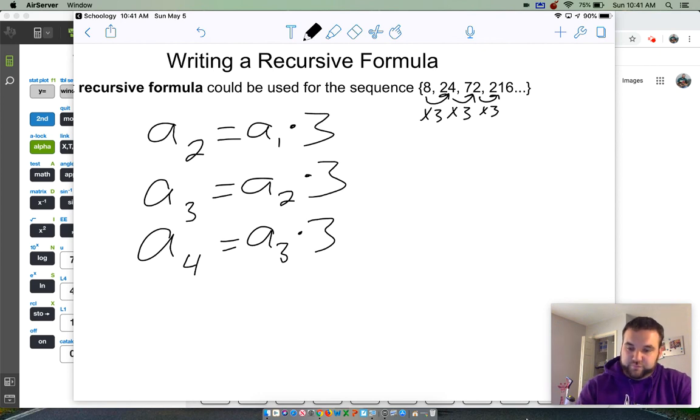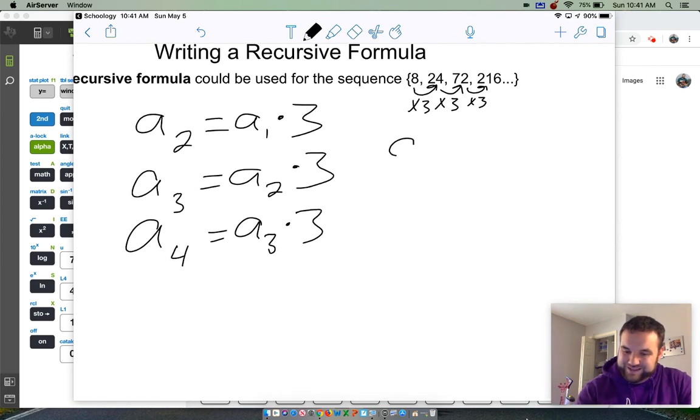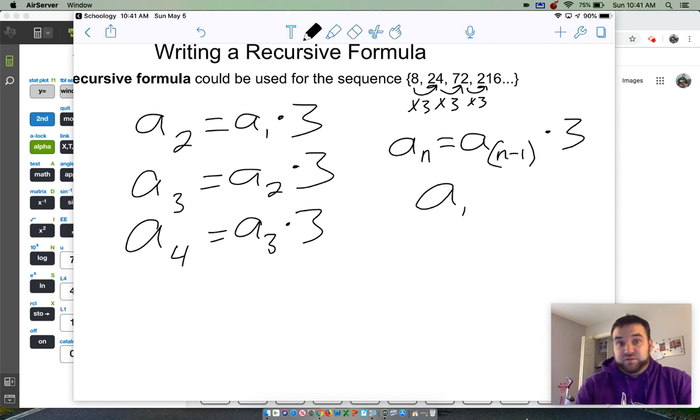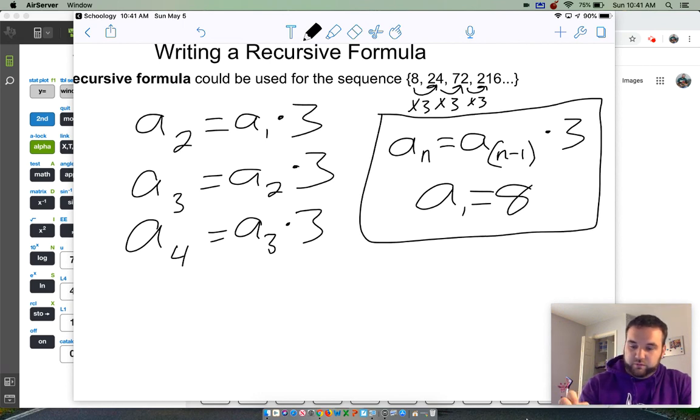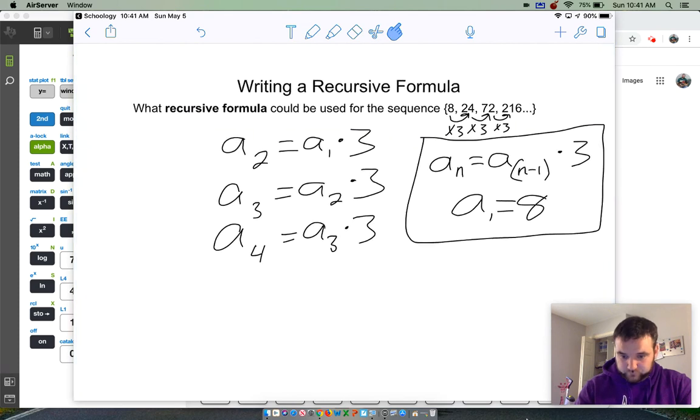So my recursive formula is going to say, to get the nth term, whatever term you want, you need to take the term right before it, which is n minus 1, and you need to multiply it by 3. And I have to provide you the first term, and we see that the first term there is 8. So this is going to be the recursive formula for it.